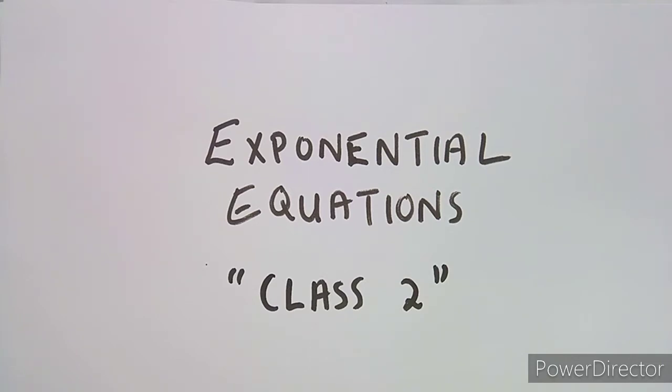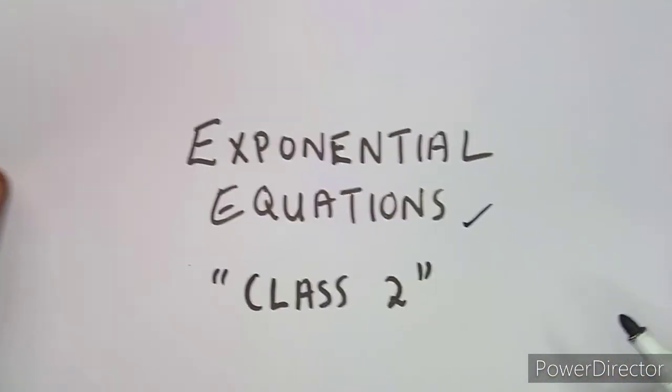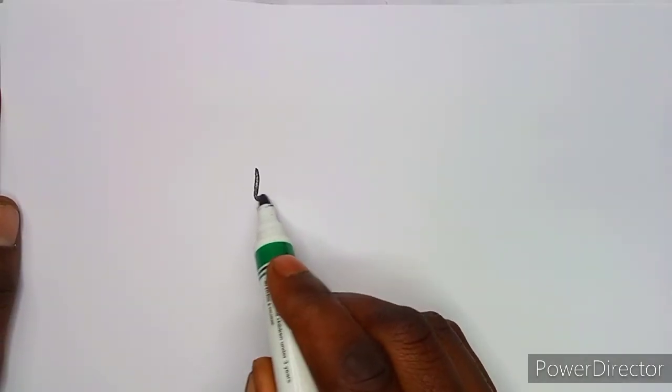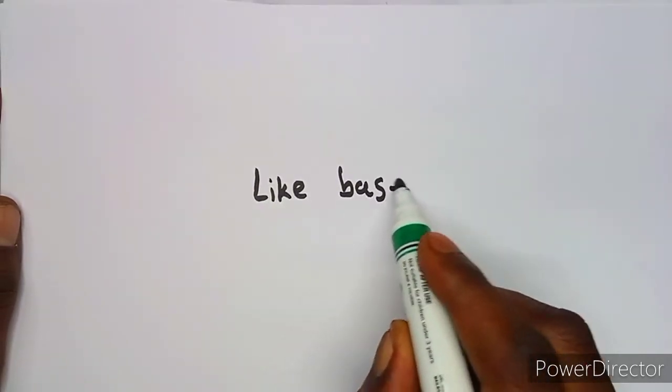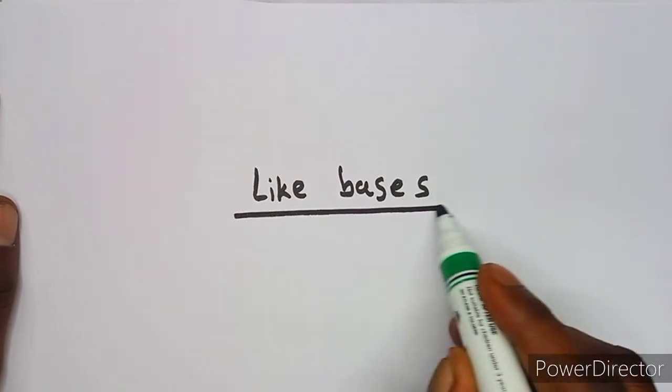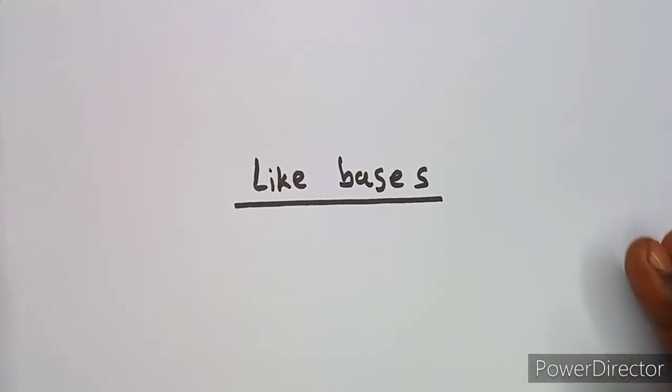So let us quickly rush through the part that we are talking about here, exponential equations. There are two considerations that we have. The first part is where we are given a condition where we have like bases. When I say like bases, remember I'm saying exponential equation, so this is supposed to be an equation under exponents.